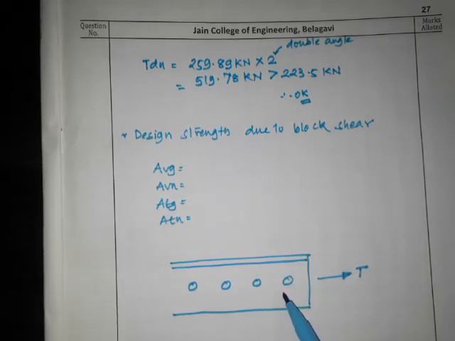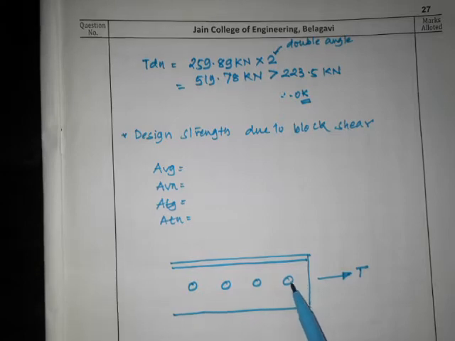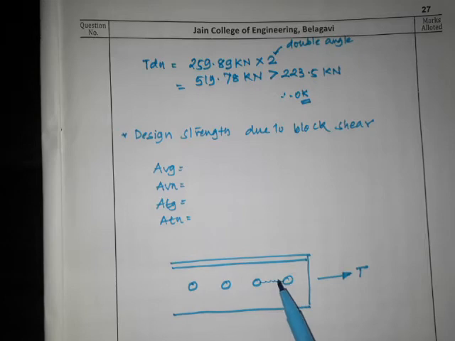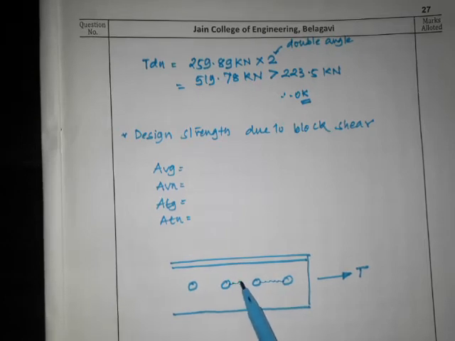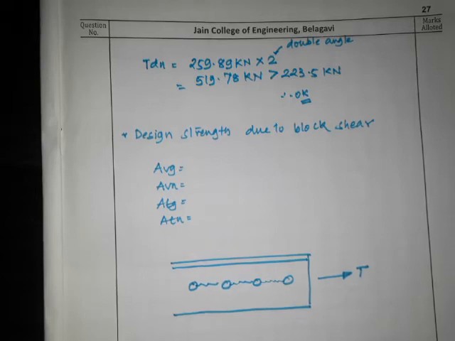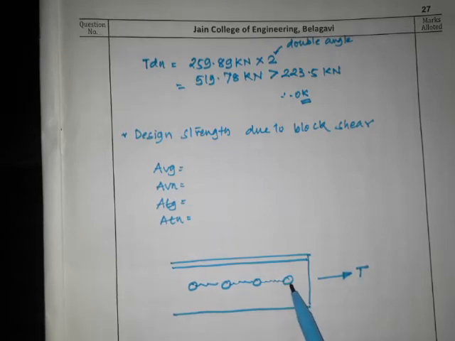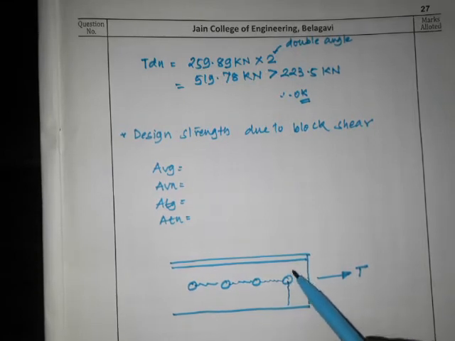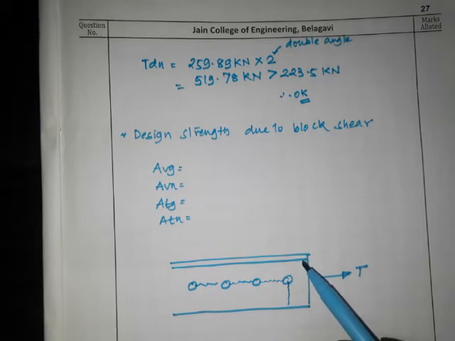There will be high stress developed, so the section may fail due to fracture or crack, like this. You can see the segments of cracks, or it will fail towards this side also. The failure will not be towards this side, because this is the stronger part or the junction. This is the toe of the angle.